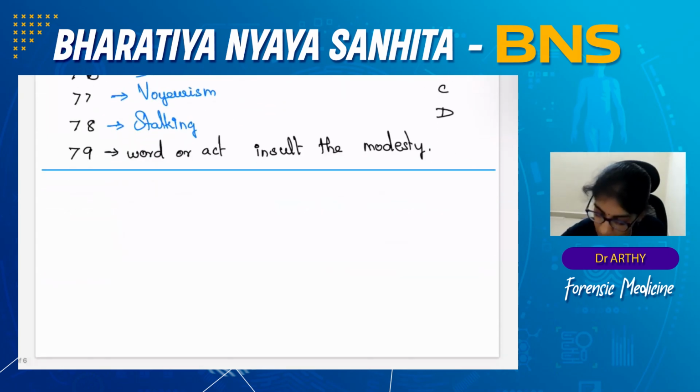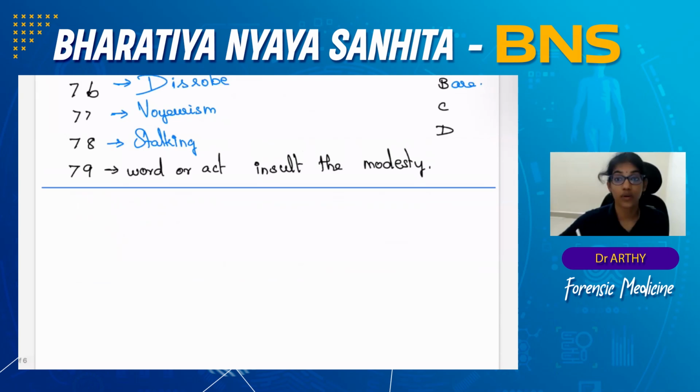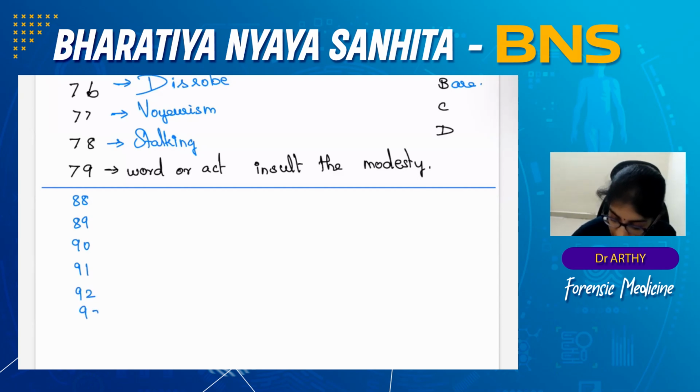Now, for 94, I would like to work backward, from 88, 89, 90, 91, 92, 93 and 94. 94 is when a mother conceals the birth of her child. So disposal, the birth of the child is dealt here.